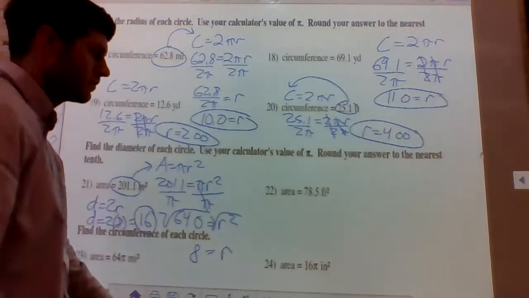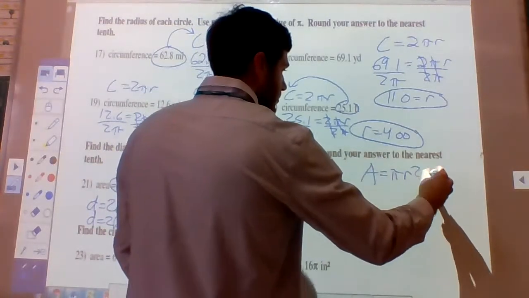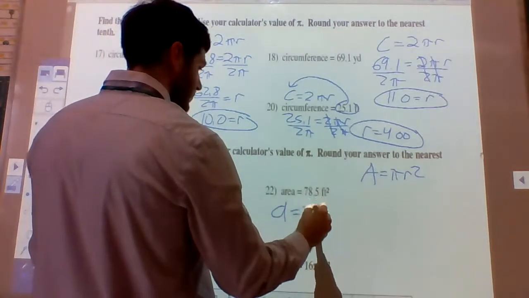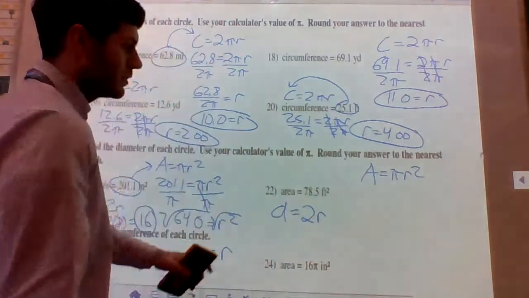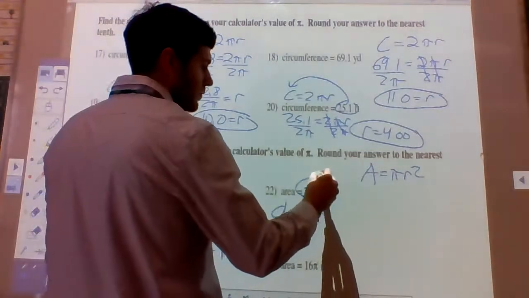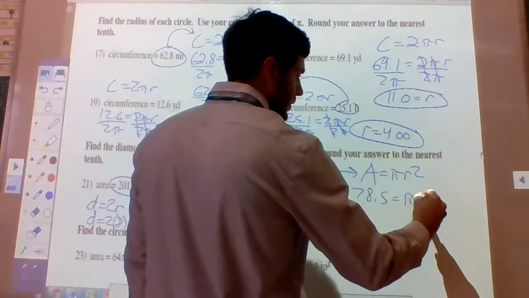Same thing over here. To find diameter, we need to do 2 times the radius. So we need to use the area to find the radius. Area is 78.5. So we get 78.5 equals pi r squared.